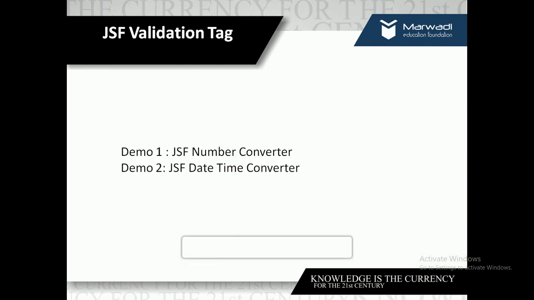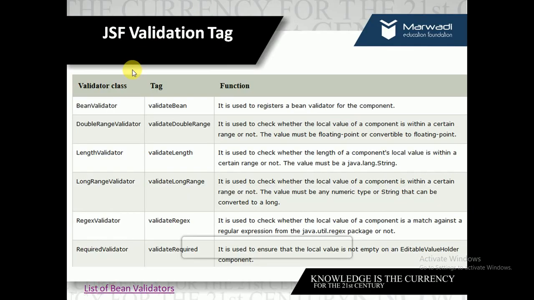The next one we have over here is validate double range. Suppose you want to give a range for floating numbers and you want to say minimum this, maximum this. For example, with a banking application, there is a limit that in a day you cannot withdraw more than 20,000. Certain banks say not more than 25,000 money withdrawal from the bank.